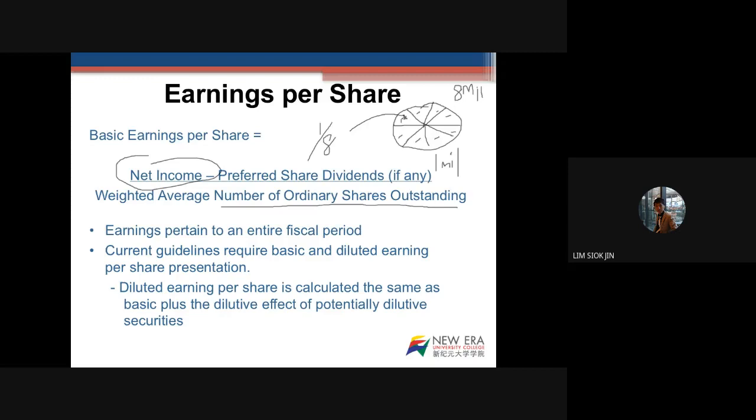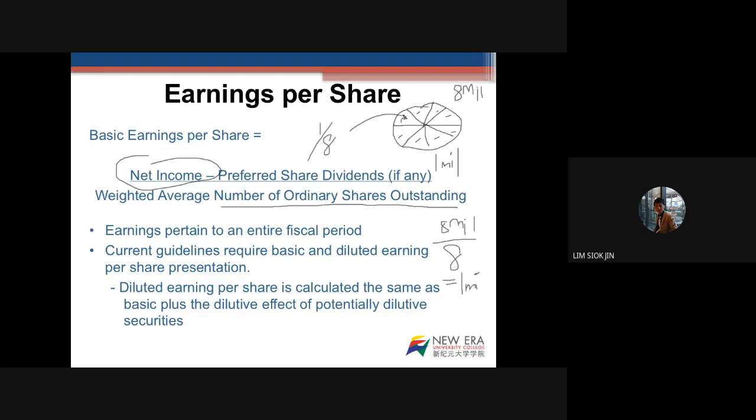So what do you see and how do you calculate this? If the pizza is 8 slices, your company has 8 shares and you own 1. So how do you calculate the earnings per share? If the company earns 8 million and the number of shares is 8, then the earnings per share is 1 million.